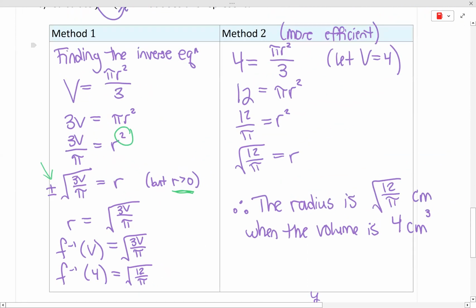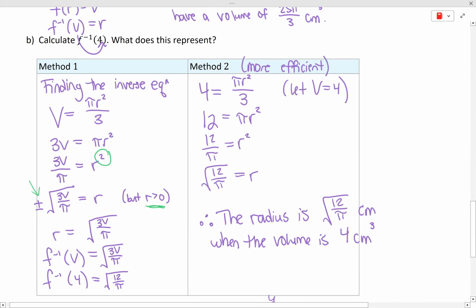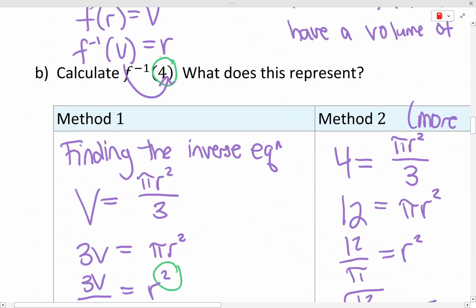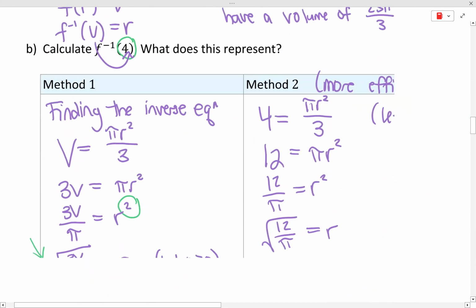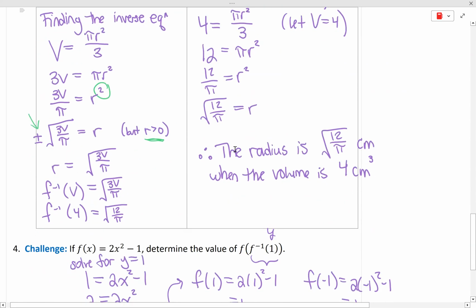So this is one option of finding the inverse and then subbing in 4. Method 2 is actually more efficient. That involves simply letting the volume equal 4 and isolating for r. Either way, you get the same answer. You can see one is just a bit quicker than the other.